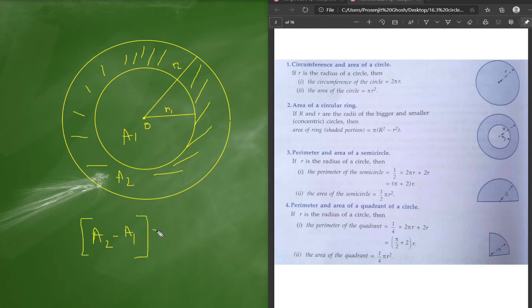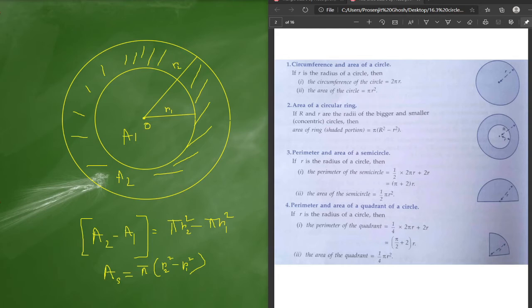We know pi r squared is the formula, right? So instead of A1 and A2 we can write pi R2 square and pi R1 square. Just notice that you can take out the pi as common, and this is your master formula, where you get the area of the shaded region. So this is how you find the area of a circular ring.